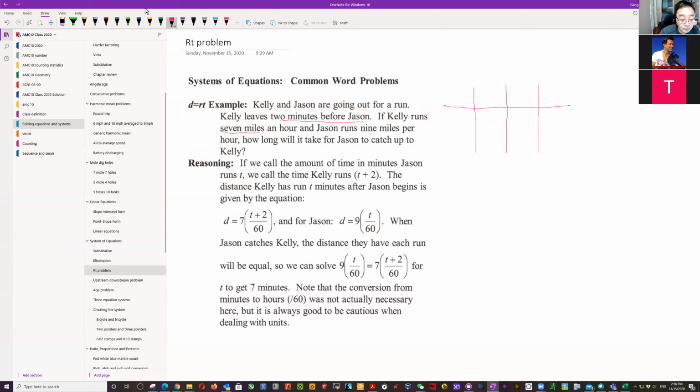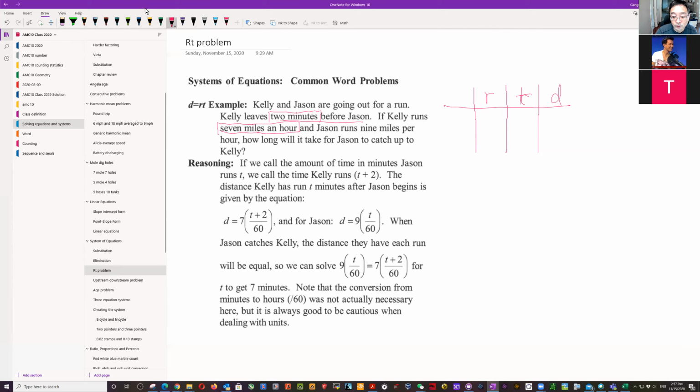Also notice that one side is 7 miles per hour, and the other side leaves 2 minutes later. So you have the rate, time, and distance. And how long will it take for Jason to catch up to Kelly?